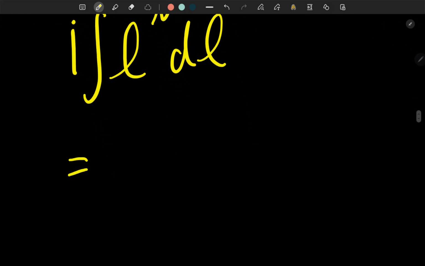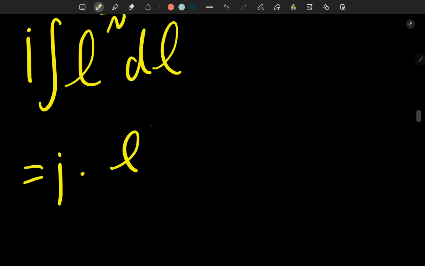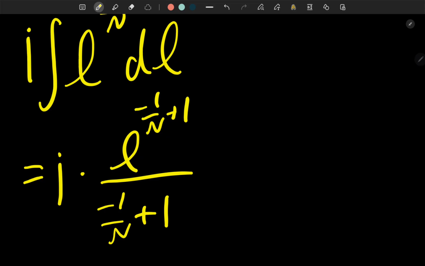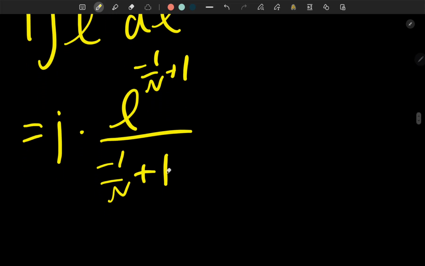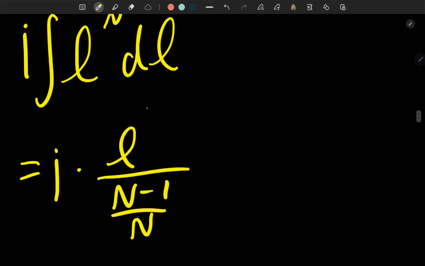which is a very easy integral. It's just going to be I times L to the negative 1 over n plus 1, divided by negative 1 over n plus 1. It's just the simple power rule. I will rearrange the power and the denominator. This is equivalent to n minus 1 over n. Right here, this is the same thing as n minus 1 over n.